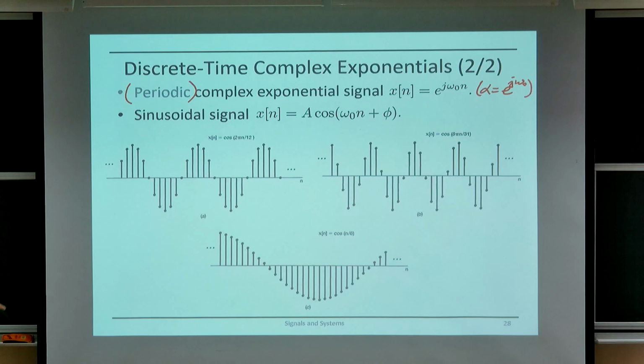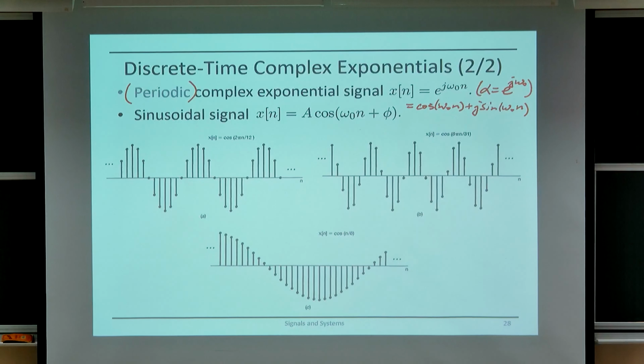Now, a complex exponential signal like this, by Euler's relation, we can write as cosine omega naught n plus j sine omega naught n. So this periodic complex exponential signal is, again, closely related to a sinusoid, because we basically have a sinusoid both in the real and the imaginary domain.